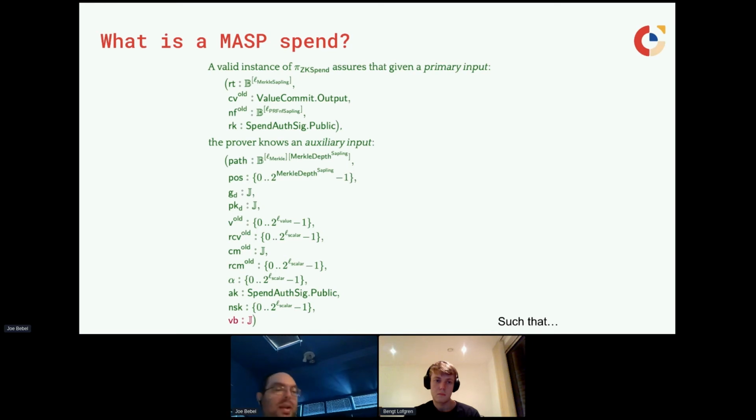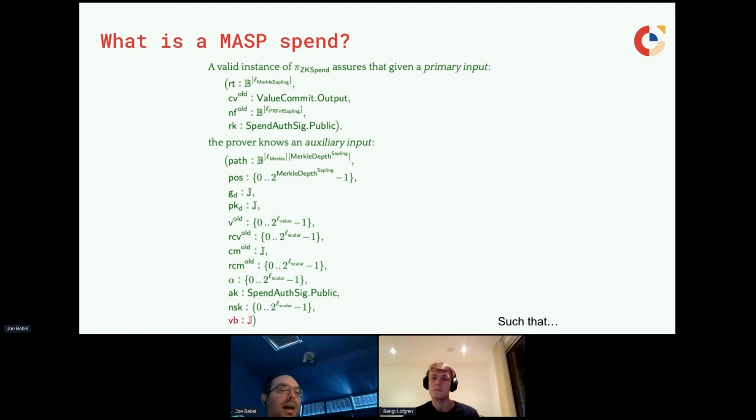Okay, so what does a spend look like in the MASP? So in order to spend a note that now has this asset type, all we need to do is make the notes typed now.